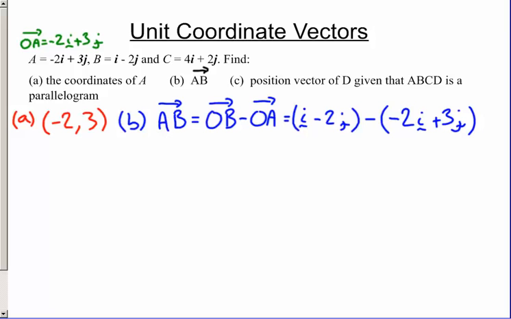And now we can do the arithmetic here. i minus 2i is 3i, and minus 2j minus 3j is minus 5j. So the vector AB is 3i minus 5j.